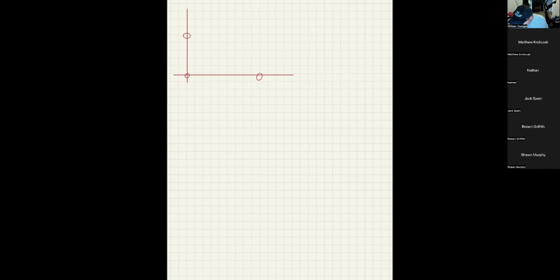Now, I'm going to say that this one happens to be about 40.0 centimeters over. This one happens to be about 30.0 centimeters over. Actually, I should probably write that somewhere else.